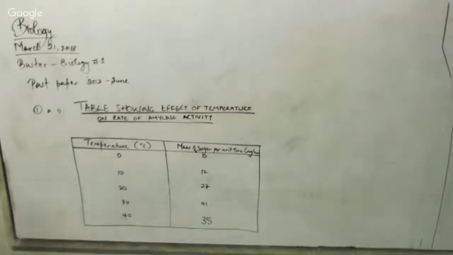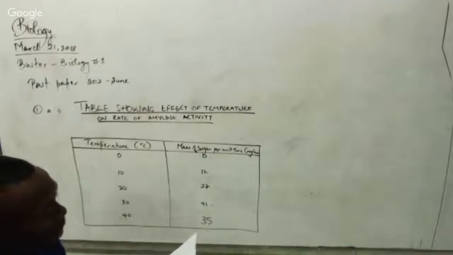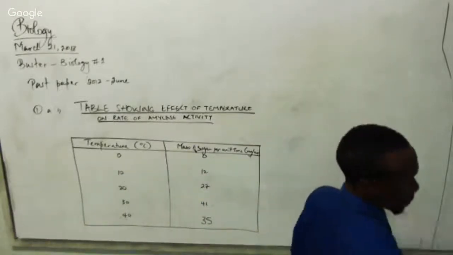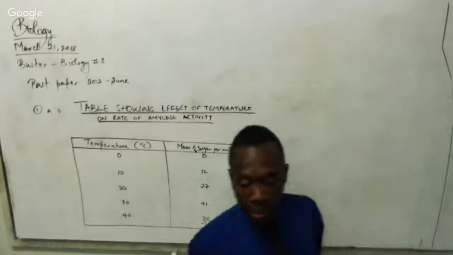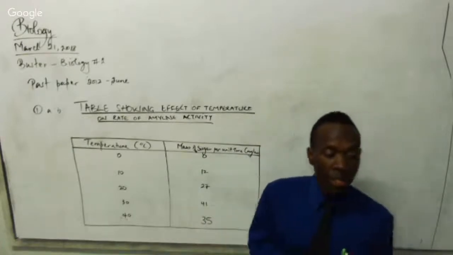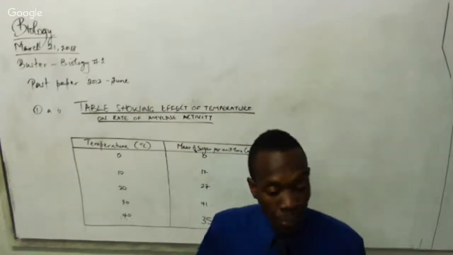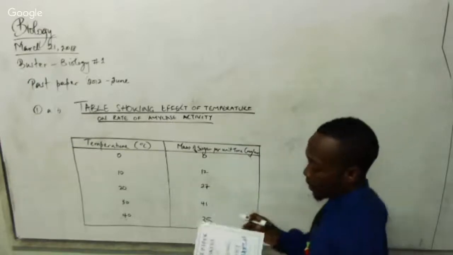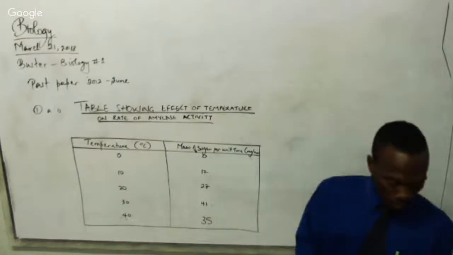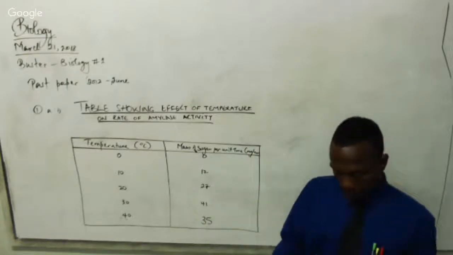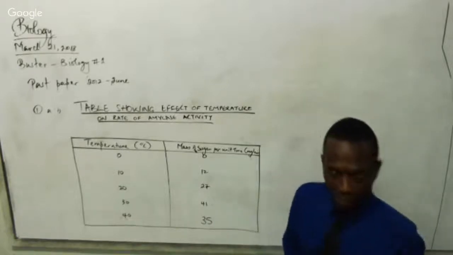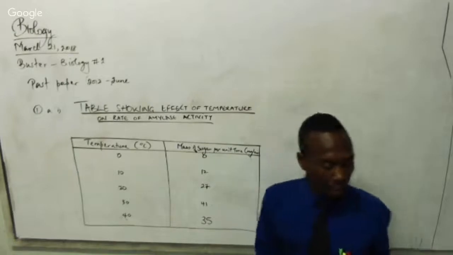Next page, it says you're supposed to describe the trend in enzyme activity as shown by the graph. It's 3 marks. You must use the number of marks to gauge your answer. So, in this case, it is asking for the trend that you observe in the graph. What do you see? It's not constant.